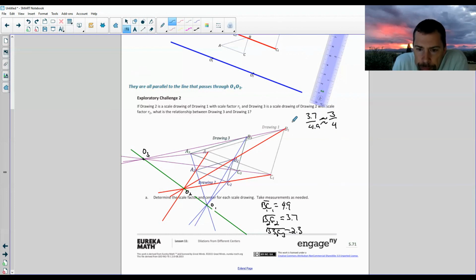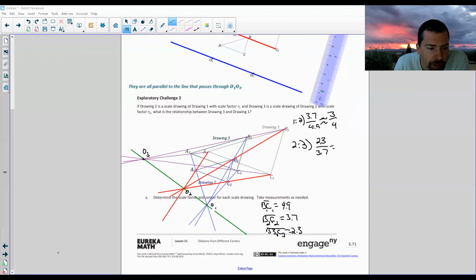This was drawing 1 to 2. So this is going from the original drawing to the second drawing. Then I'm going to do drawing 2 to 3. And drawing 2 to 3 would be B sub 3, C sub 3 over B sub 2, C sub 2, which would be 2.3 over 3.7.